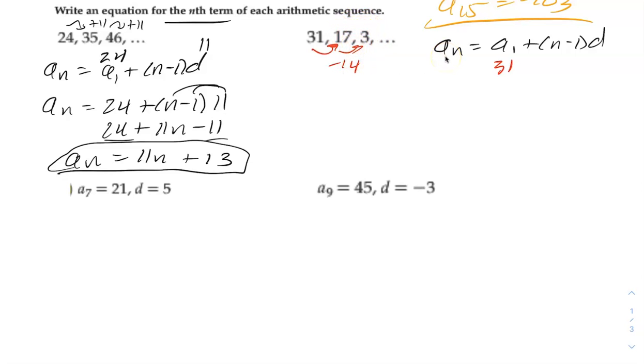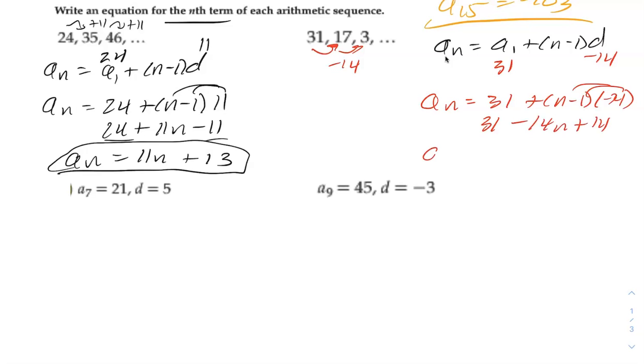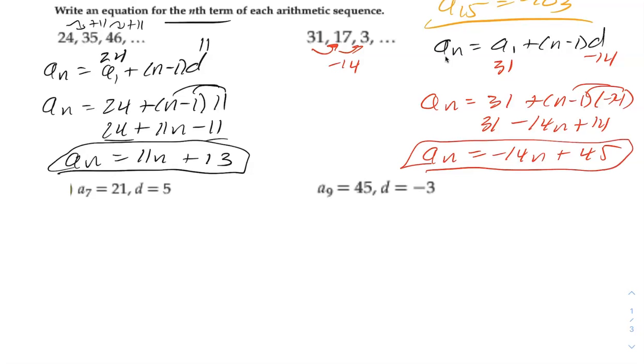So that's my common difference. So now you just plug it in. Distribute. So then you get negative 14n plus 45.